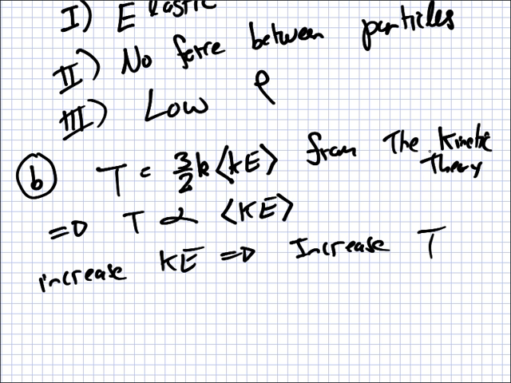Which way around was it, that they increase the temperature and the kinetic energy increases, or the other way around? Okay, so you could write it out as a sentence rather than as a formula. So the increase in temperature provides more energy to the particles. They increase their kinetic energy and so they move faster.